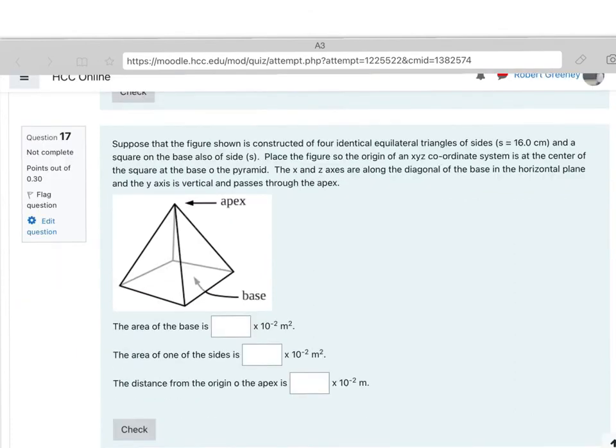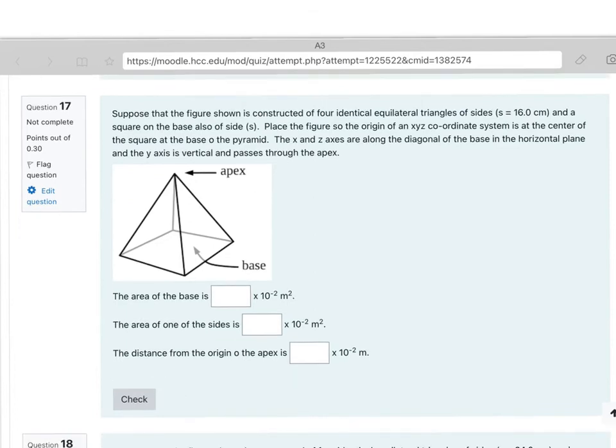So number 17 is all trig. So the base is a square. That should be easy to get. The area of one of the sides, you know how to get the area of a triangle? You have to use that equation.